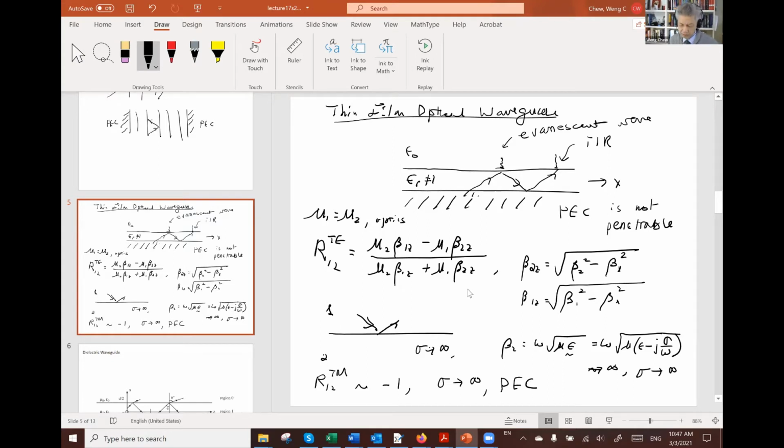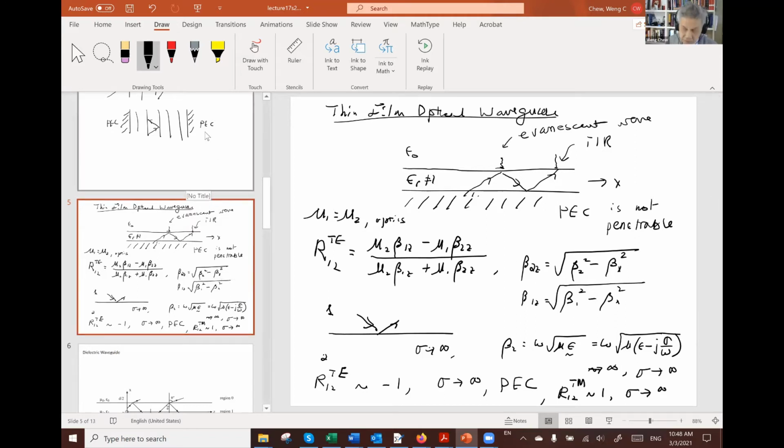Similarly, by the same token, you can show that R12 TM tends to 1 when sigma goes to infinity. So you can have perfect reflection at the top and the bottom interface, and the wave will be guided.